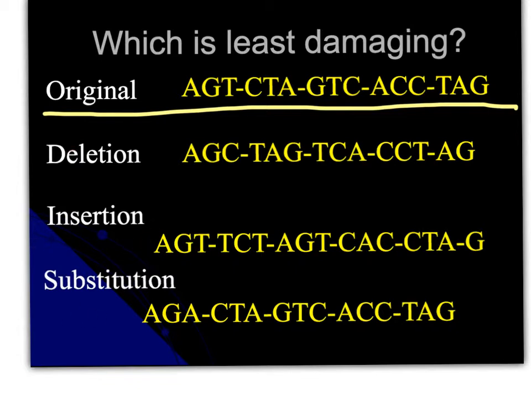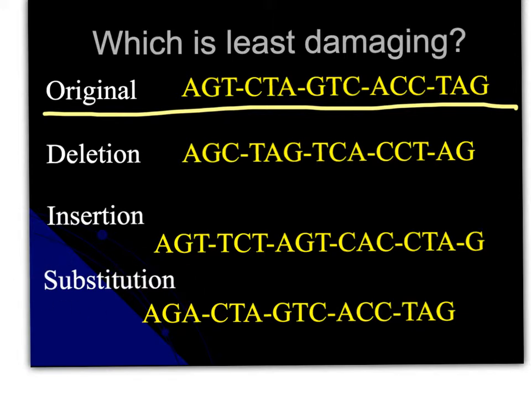Now, which one do you think is going to be least damaging? I'll give you a second to think about that. Okay, now if you said that substitution is the least damaging, you would be correct.